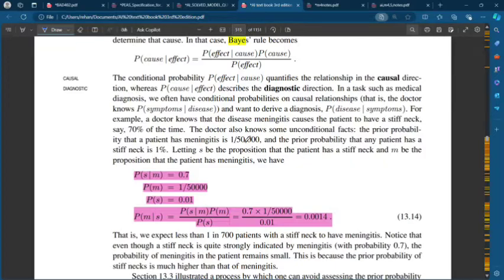So here's also the same thing they have given. The doctor knows some unconditional facts: the prior probability that a patient has meningitis. Instead of viral fever, we have meningitis, 1 by 50,000. And the prior probability that any patient has stiff neck is 1%.